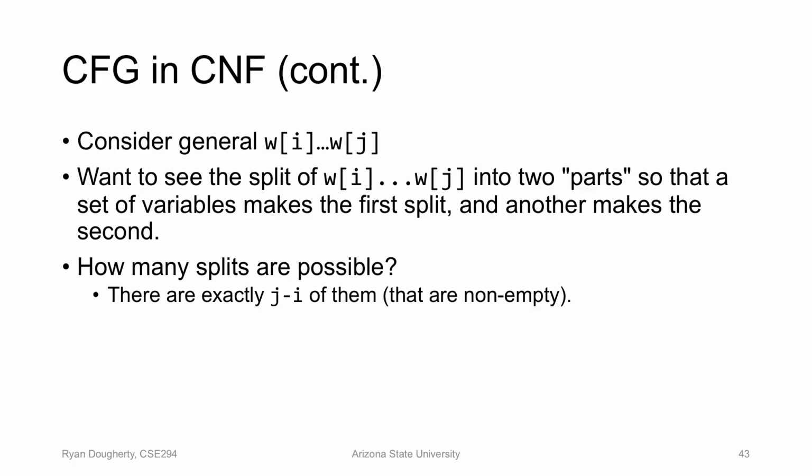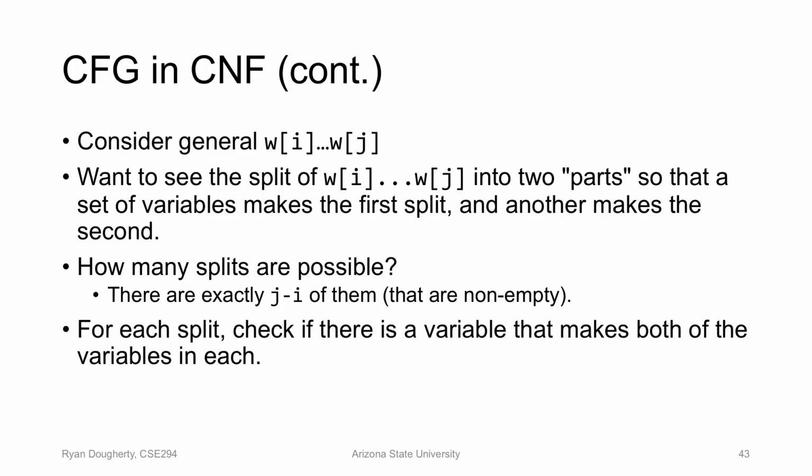There are j minus i splits here because what can happen? From wi, I can make the split between wi and the rest of the string, or I can make it wi plus 1, split, rest of the string, all the way through. So if you count, that's just j minus i possible placings of this split, right?